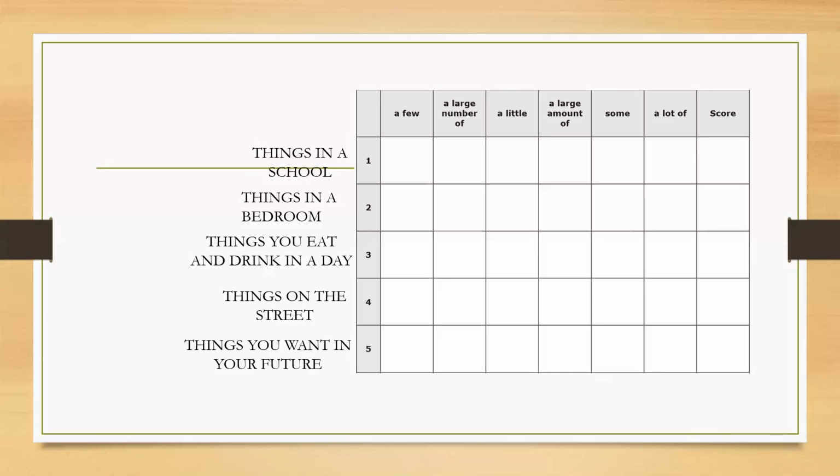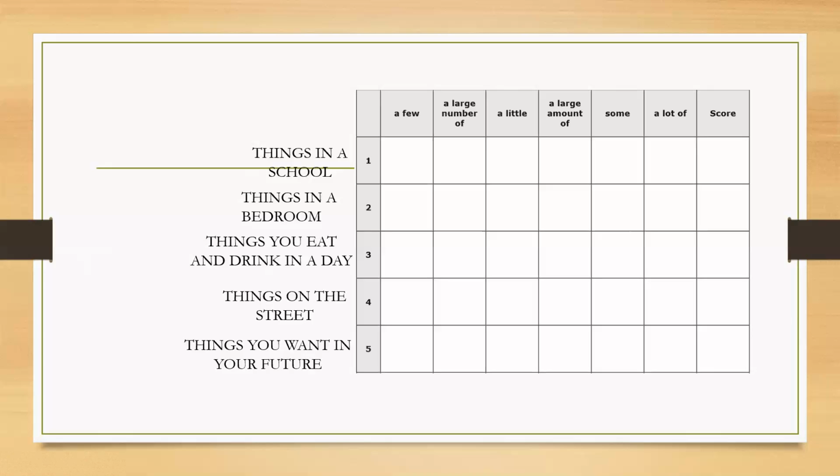But I have a little. A little. Küçük bir miktar. I have a little dust. Yani biraz toz var okulumuzda. As for the third one, it's a large amount. Büyük bir miktar. Sayılmaz bir şey. Neyi sayılmıyor?